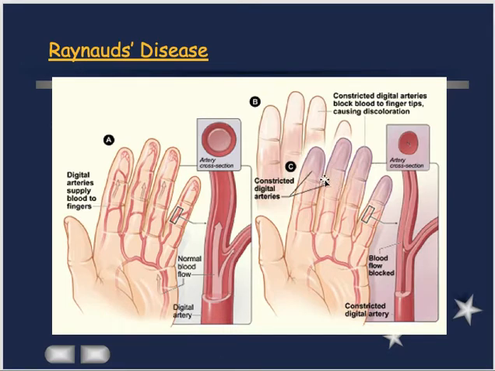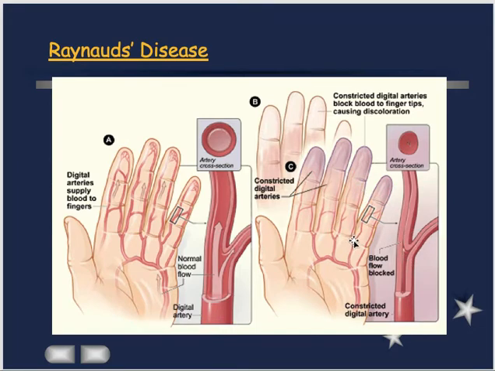This is what happens in their digits. Their digits become swollen and a little dusky in color. After some time, when the attack is finished, the arterioles relax and the oxygenated blood starts coming back into the arterioles and capillaries, and the digits become red again.